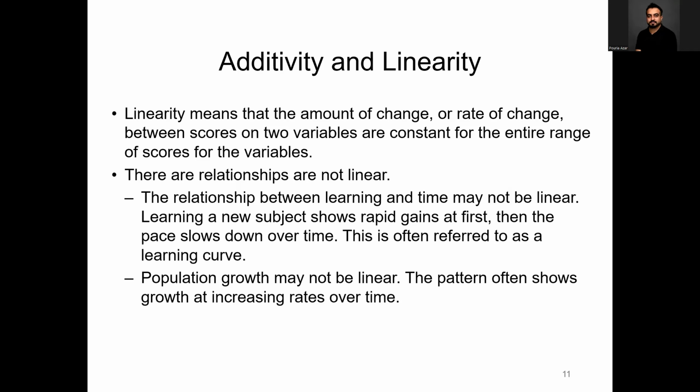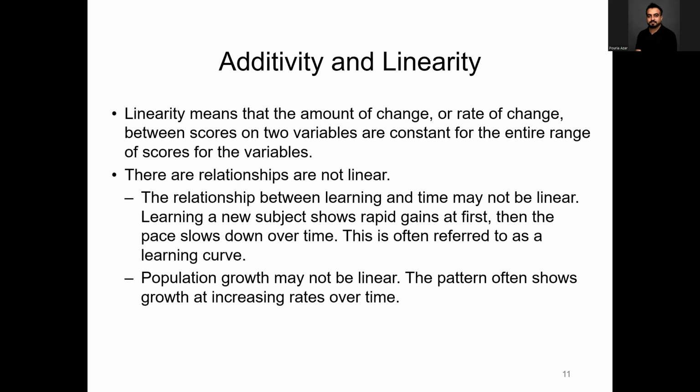There are some relationships that are not linear. For example, the relationship between learning and time may not be linear. Learning a new subject shows rapid gains at first, then the pace slows down over time. So there is no linear relationship between these two variables.